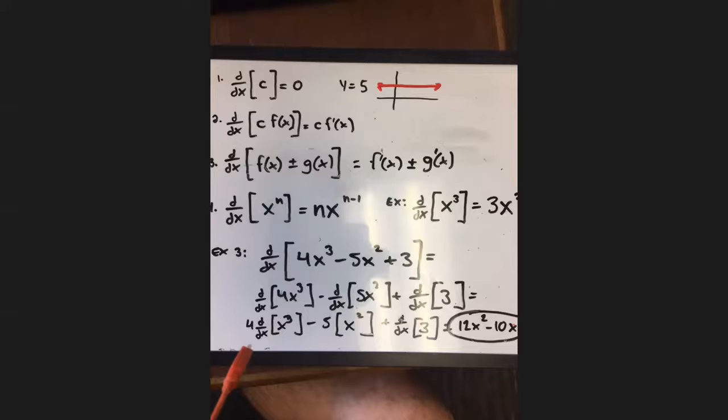Sections 3.2, 3.3, and 3.4, if I remember right, all have to do with some additional rules for taking derivatives. The good news is they're short sections. Each one gives you a new rule, a new tool, a new formula, and these are definitely required knowledge.